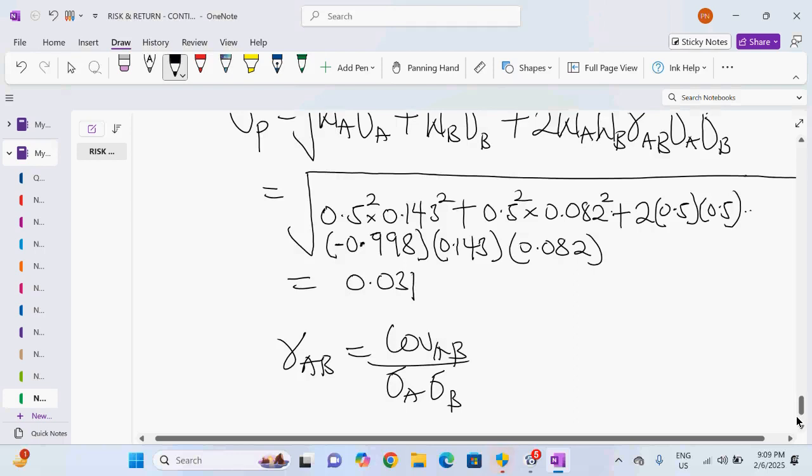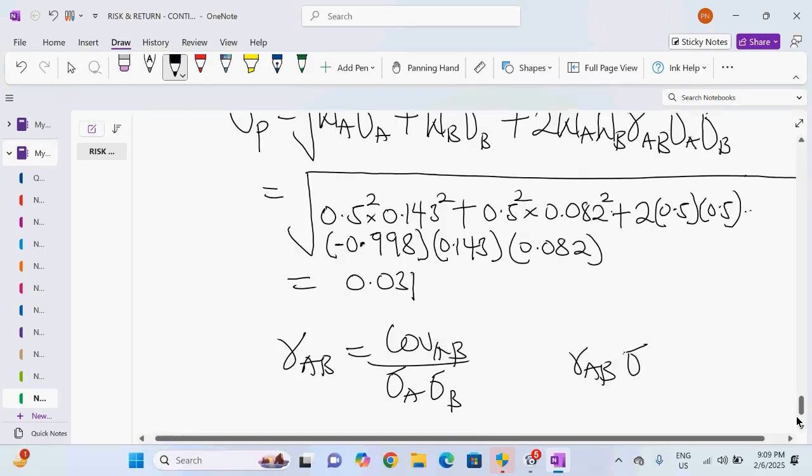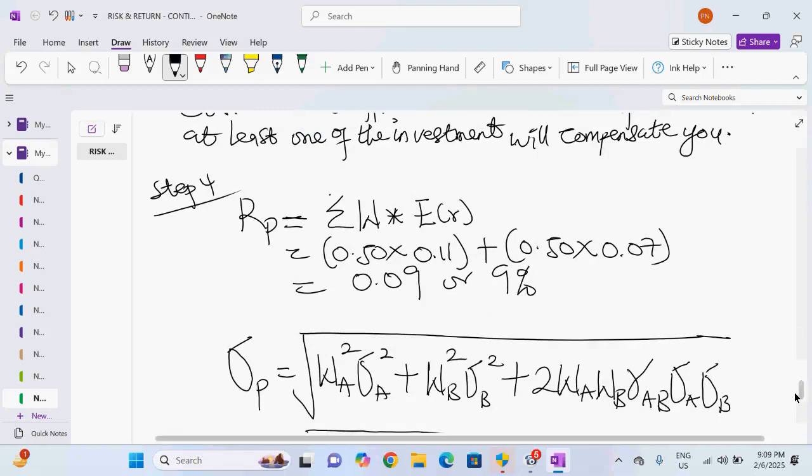And if you want to make covariance the subject, it means that covariance AB is equal to correlation AB times standard deviation of A times standard deviation of B. Sometimes we put covariance AB instead.